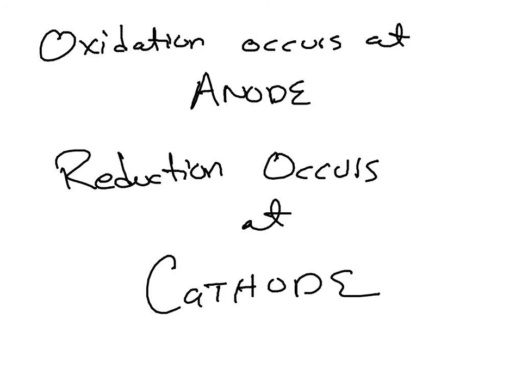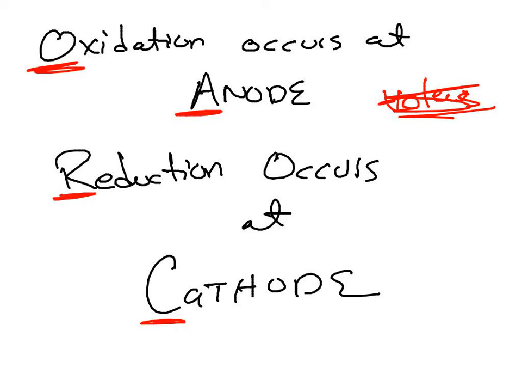Now, the way I've remembered this over time is oxidation and anode are both vowels. And reduction occurs at the cathode, are both consonants. So keep your consonants and your vowels together, and you're a happy camper.